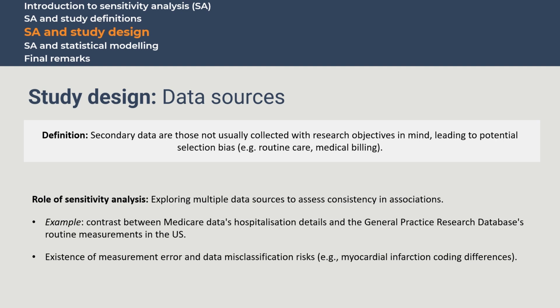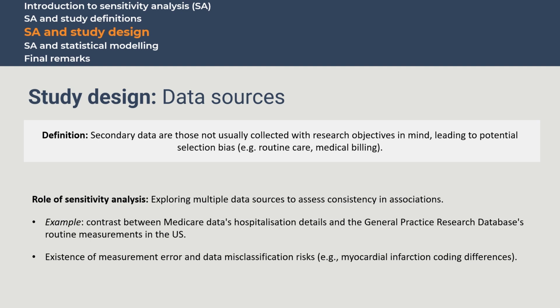For example, let's consider the Medicare data compared to the general practice research database in the US. While Medicare data may offer detailed hospitalization records, it historically lacked routine lab test results, which is a gap that could skew study results.